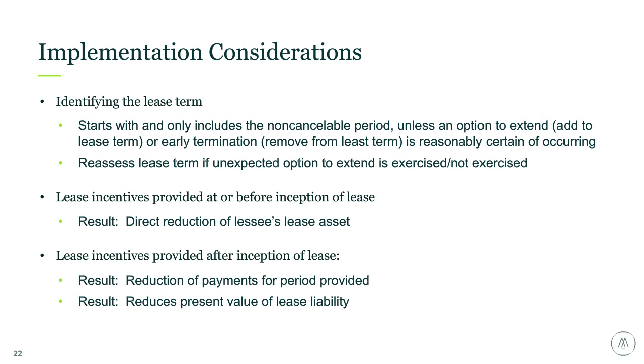And if so, then you can certainly add on to the lease term or remove from the lease term based on that judgment call. And as I mentioned earlier, you do not have to go back and reassess unless there are unexpected exercises of options or something did not get exercised as planned.